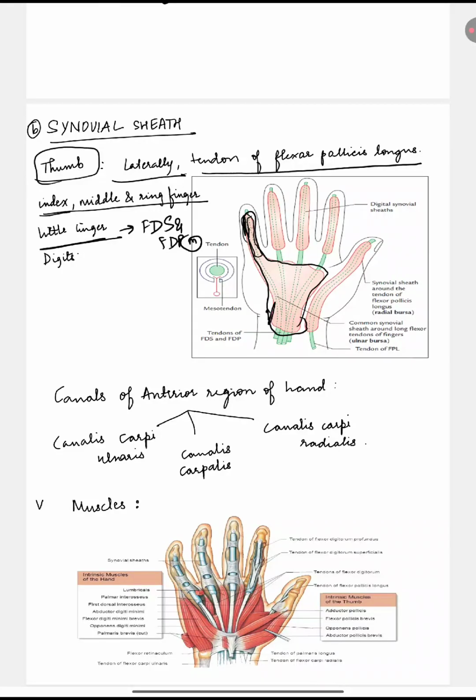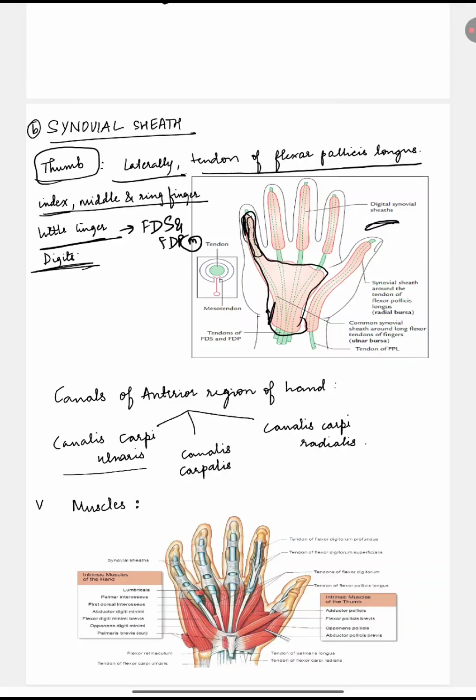Now for all the fingers, on the phalangeal shaft, the synovial sheaths of the fingers are covered by a fibrous sheath. Next would be the canals of the anterior region of the hand.